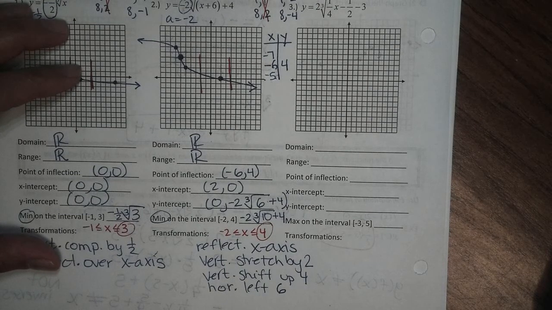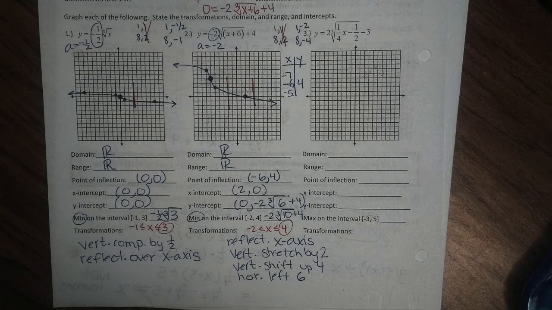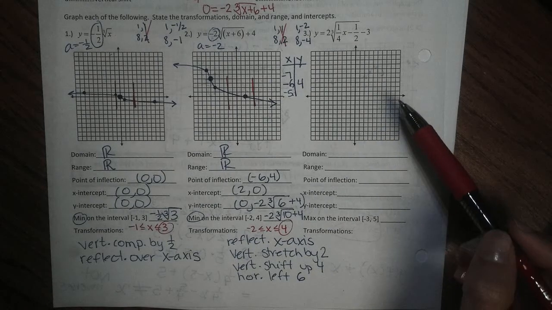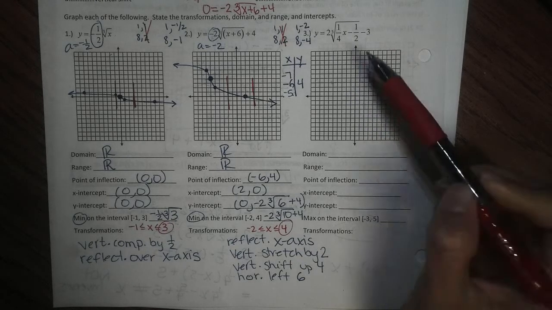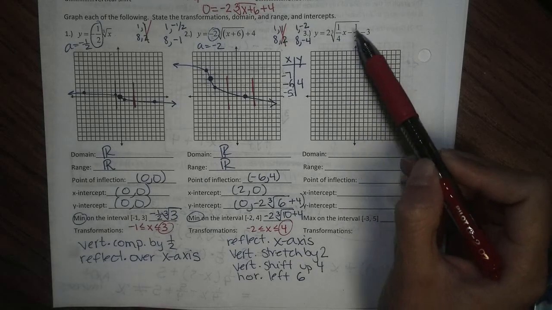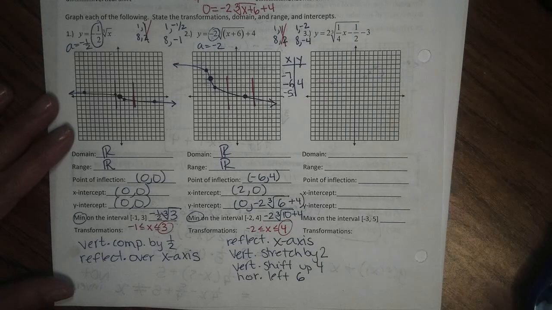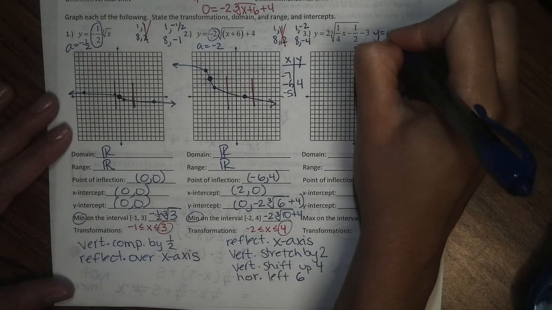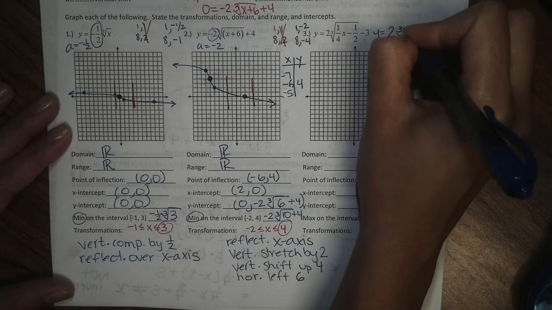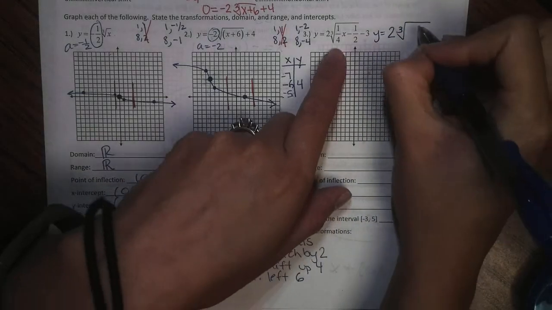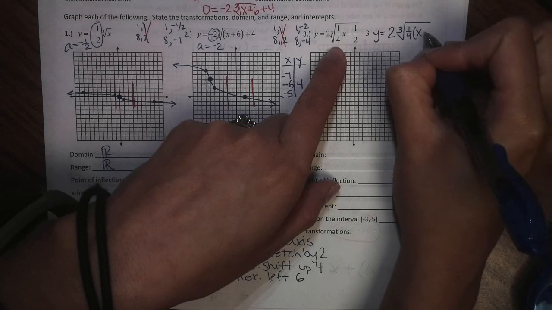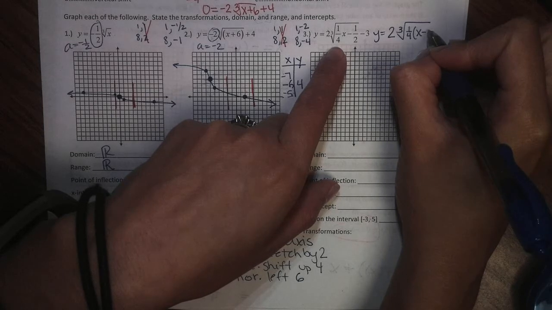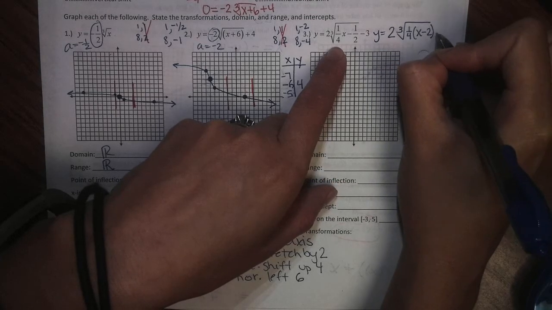Okay. So for the last one, example 3, I first need to graph the inflection point. Remember, to graph those inflection points, you're going to have to factor this out. So this is going to become y = 2 cube root of (1/4 (x - 2)) - 3.